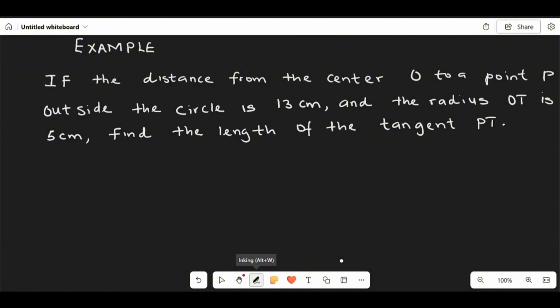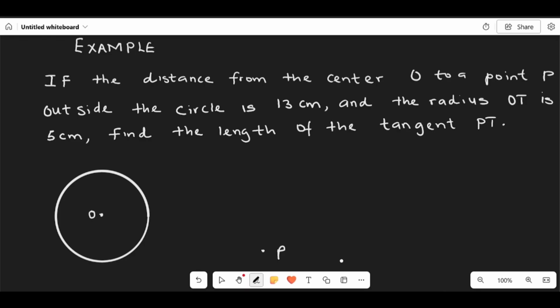Let us draw our circle with center O. Let us say this is our center O, and let us name a point P outside the circle. And the question also says the radius OT is 5 centimeters.